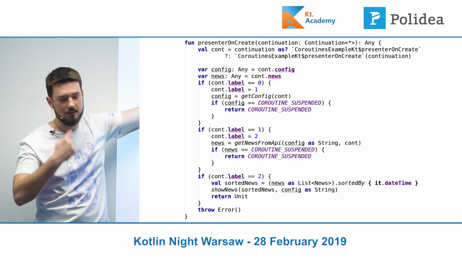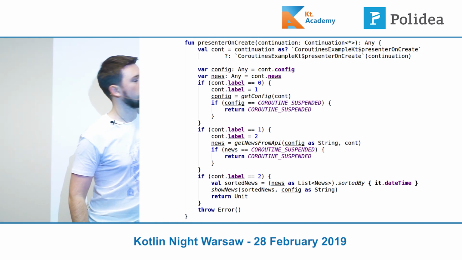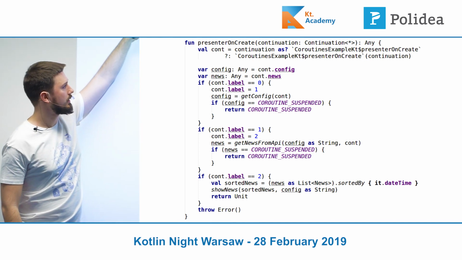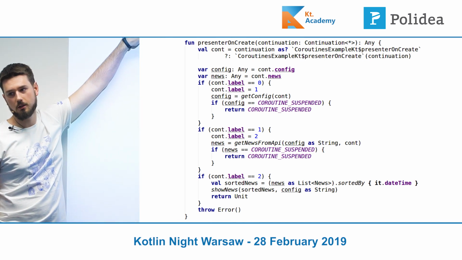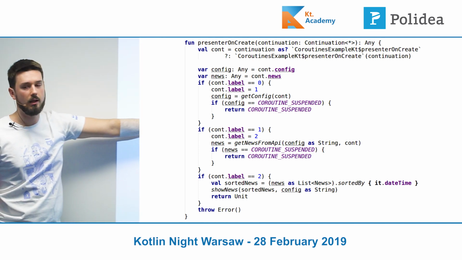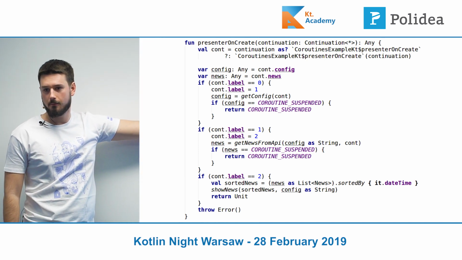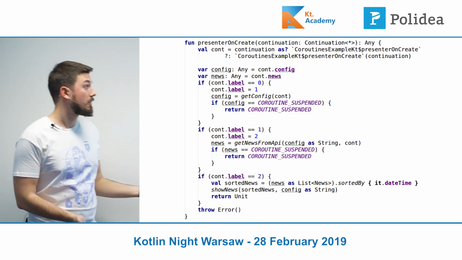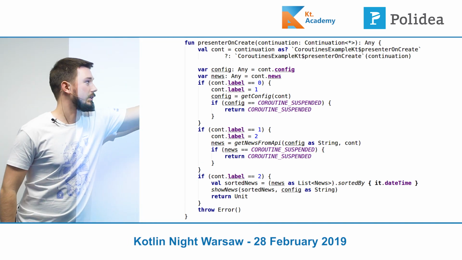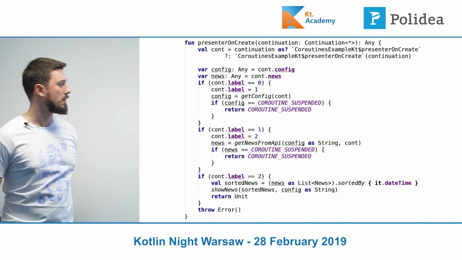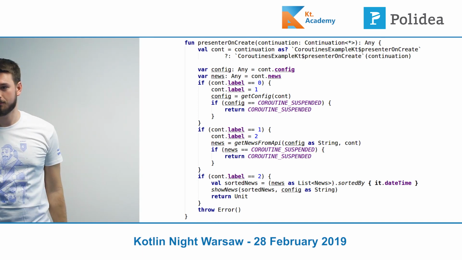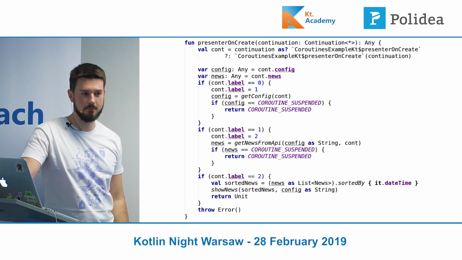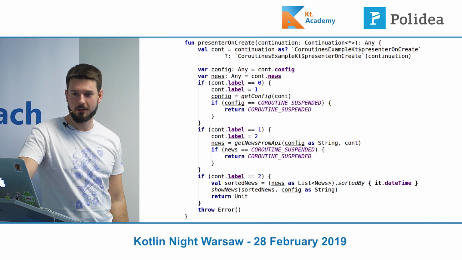So it will set this data to the continuation config, then it will call presenter onCreate, and we will have this config already filled, and we will jump into another state. If getConfig wouldn't suspend, then it would fill our data, and we would directly jump into label 1. Does it make sense? Anything to clarify?